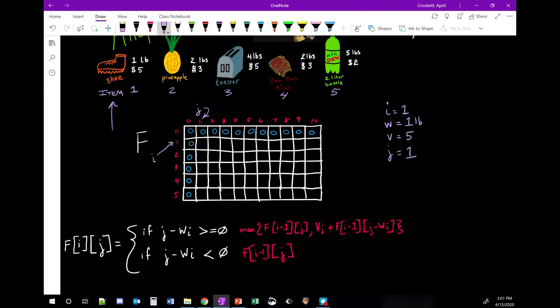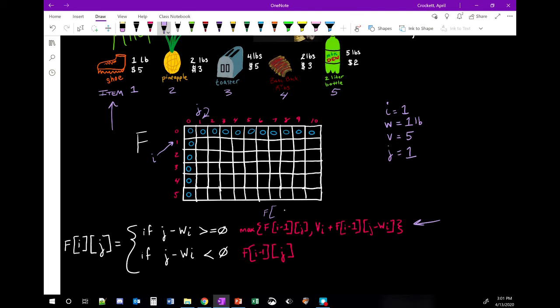Okay, and then what we're going to do is figure out, first of all, if J minus the weight is greater than, equal to, or smaller than 0. So J, which is 1, minus the weight, which is 1, is equal to 0. So that means we're going to do this top formula here, where we say, let's see, this is f of I minus 1.